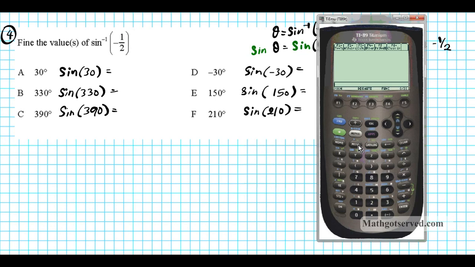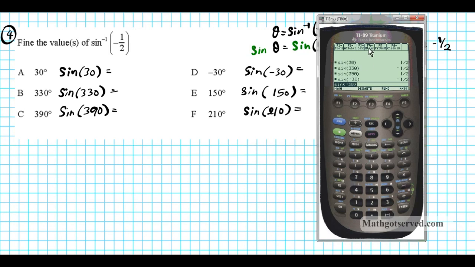Alright, so let's go ahead and do this. Sine of 30 is 1/2, no good. Sine of 330 is negative 1/2, that's good. Sine of 390 is 1/2, that's no good. Sine of negative 30 is negative 1/2, that's good.